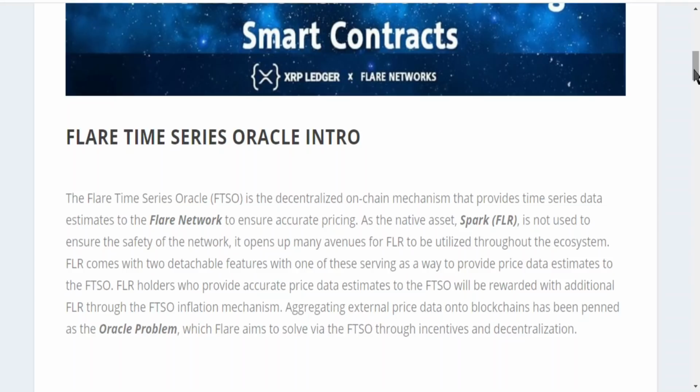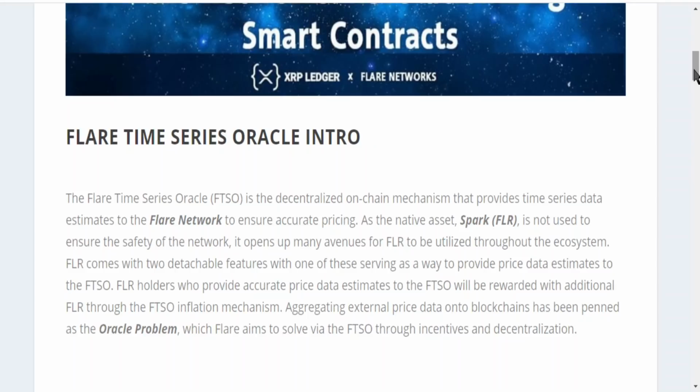These FAssets that are being brought over, say it's FXRP from the XRP ledger, FLTC from the Litecoin blockchain, FBTC from the Bitcoin blockchain, need to have 2.5 times their value in Spark as collateral held by the FAsset protocol. So to do that, you need the most accurate real-time data for these actual assets to the Spark price so it could manage that collateral.